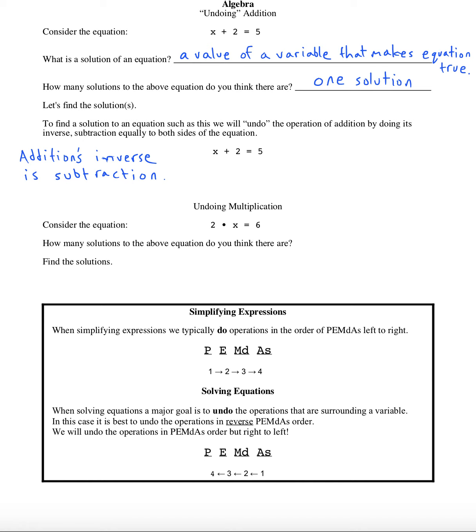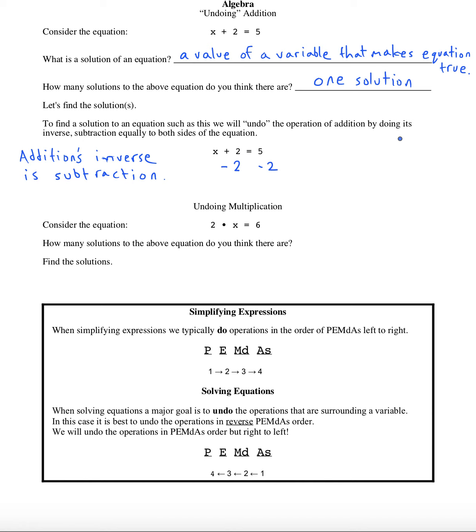Okay, now how exactly do we do that? Well, we want to modify our equation by making a change on the line below. So since 2 is being added to x, we need to subtract 2 from that. And we have to do it equally to both sides of the equation.